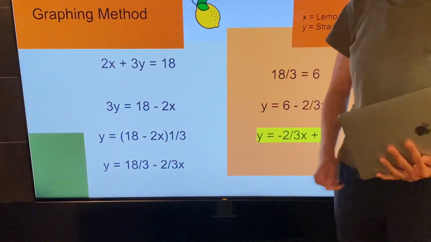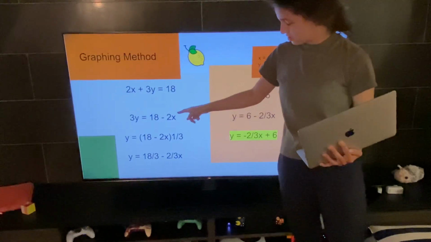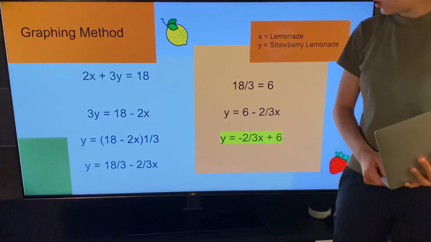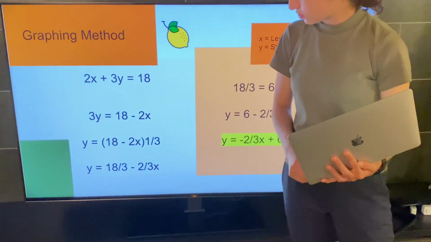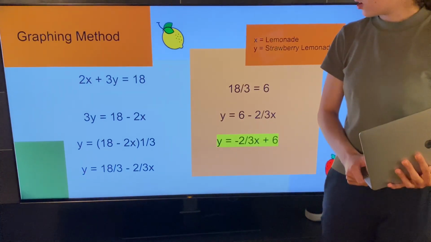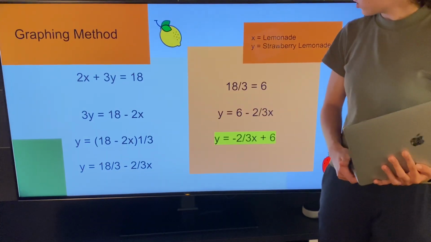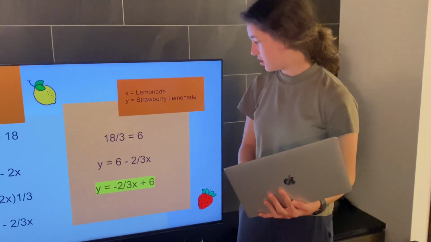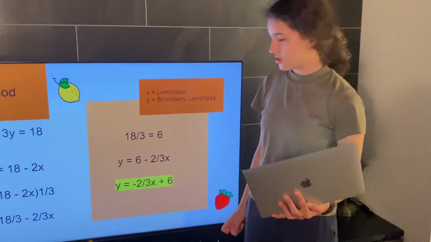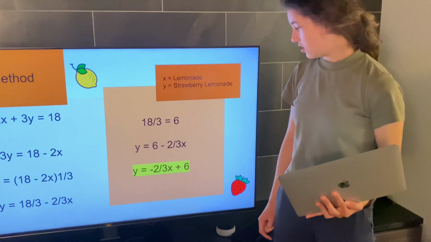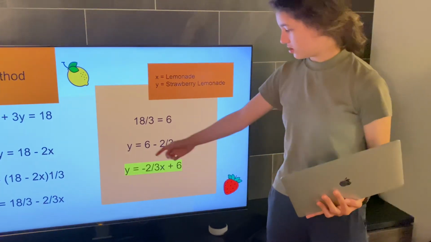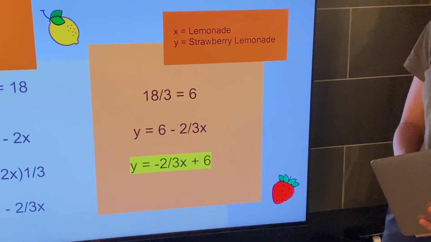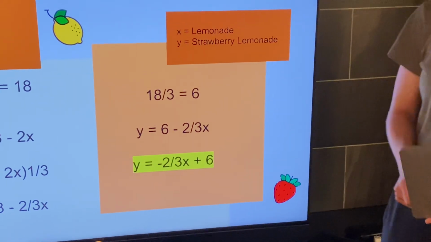And then change the 3 to this side, which will divide the whole thing by 3, which can be written as y equals 18 divided by 3 minus 2 over 3 x, and 18 over 3 equals 6, so it can be written as this, which results in y equals negative 2 over 3 x plus 6.